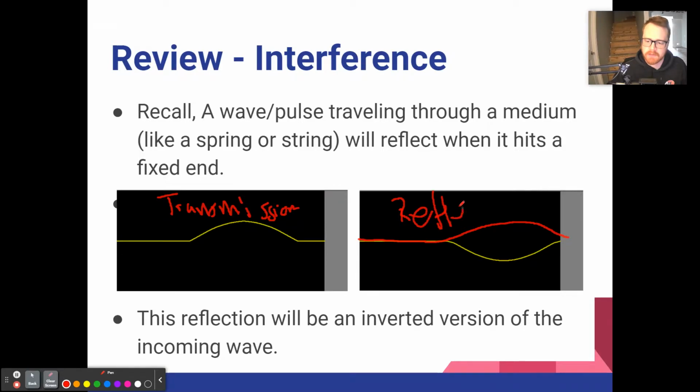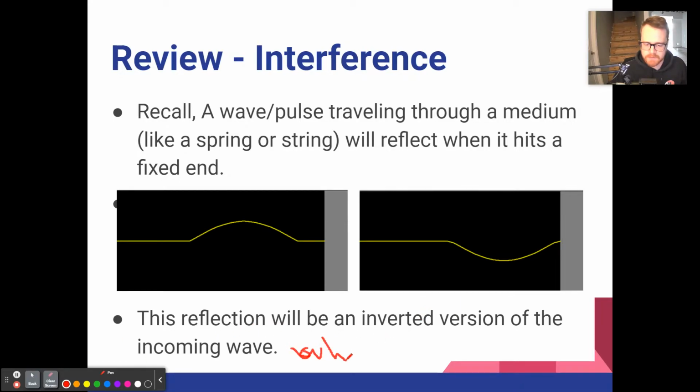Let me write those in real quick. We have transmission versus reflection, and the reflection will be an inverted version of the incoming wave when the end is a fixed position.